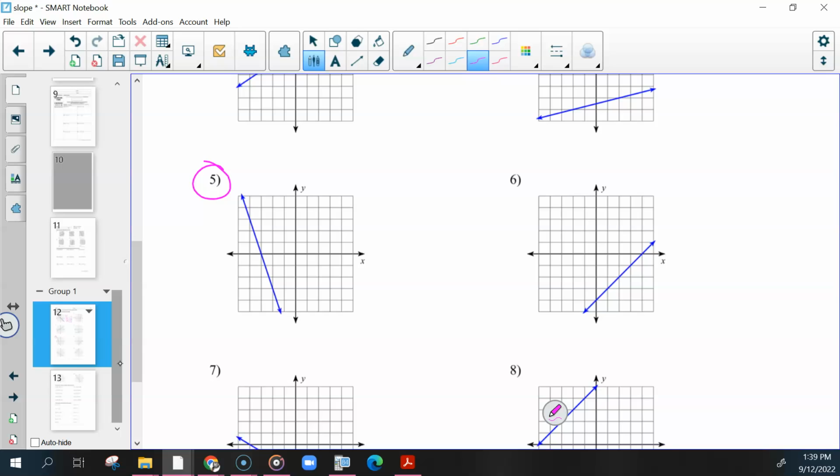Eva? -3. Right here. -3, -2. -2, -2. You're getting closer. There you go. -2, -3.